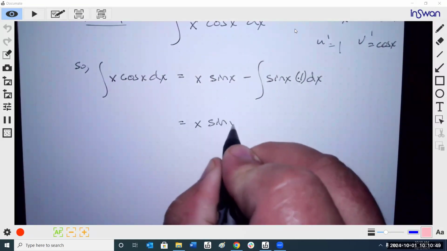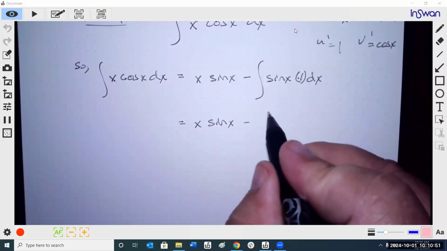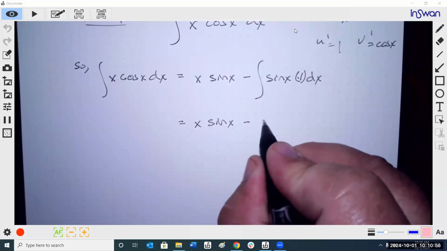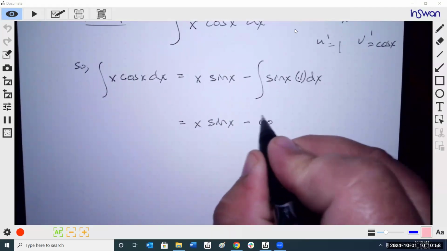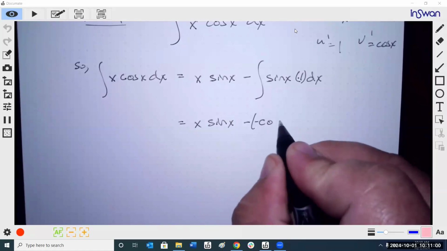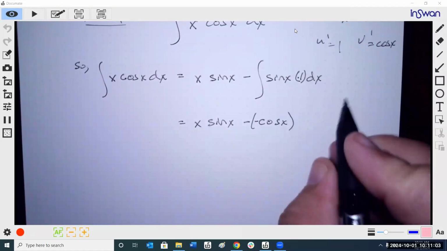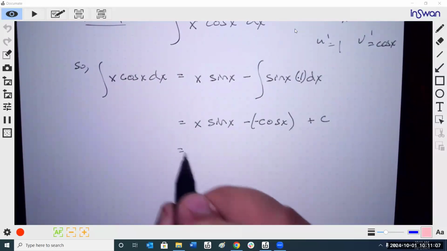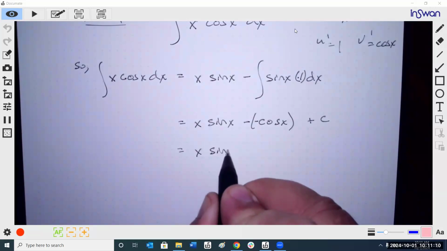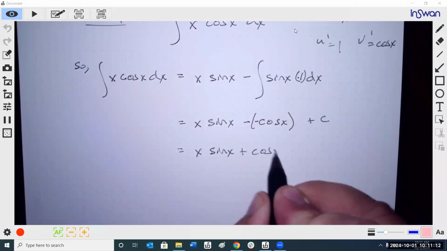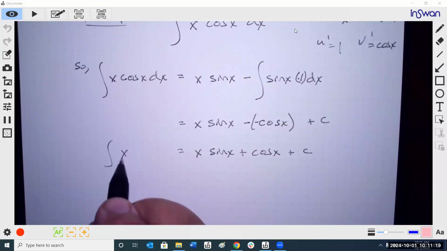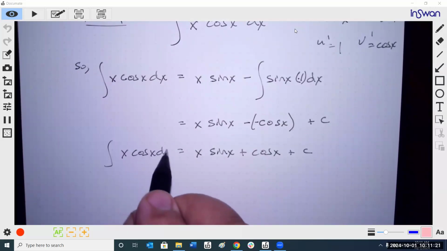So x sine of x, and the integral of sine is negative cosine, plus some constant, since it's an indefinite integral. So this becomes x sine x plus cosine x plus C, so that is what our integral becomes.